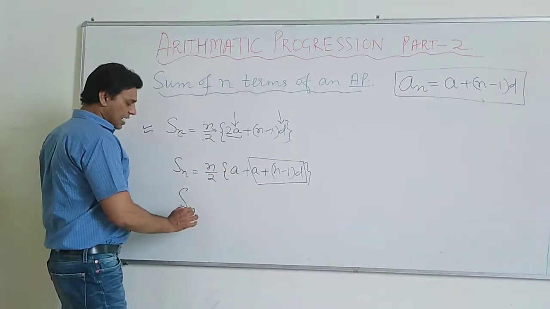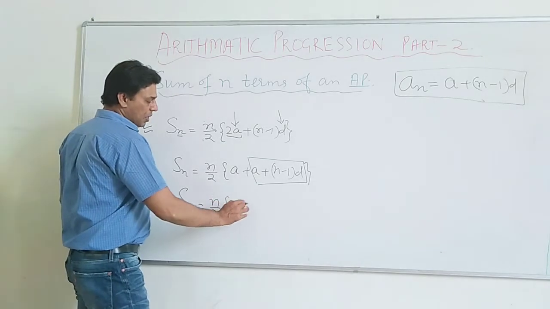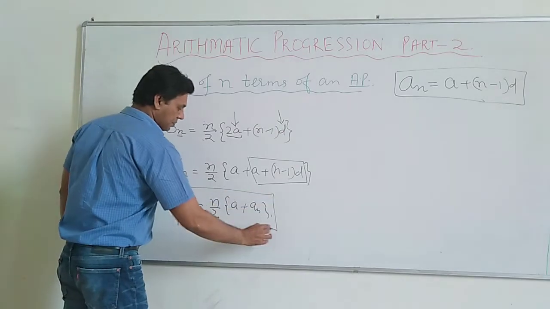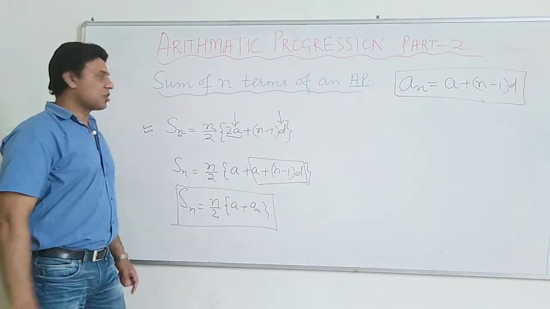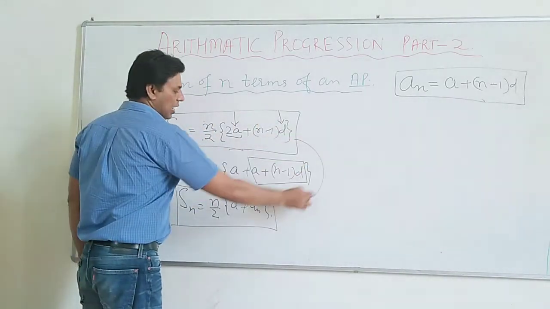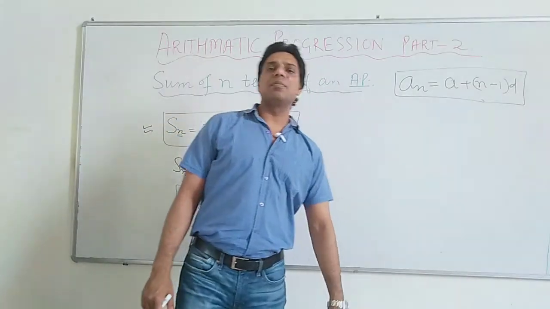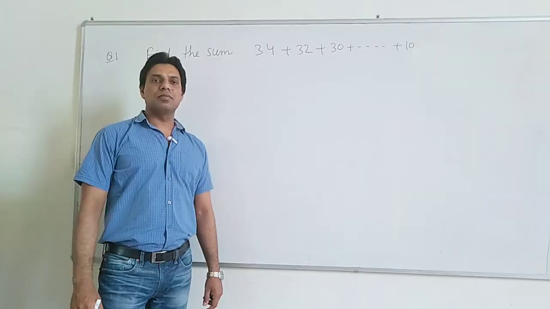So we have Sn is equal to n by 2 into a plus an. So this is another formula to find the sum of n terms of an AP. We will use these two formulas according to the situation along with the nth term formula. So keep watching for the questions.